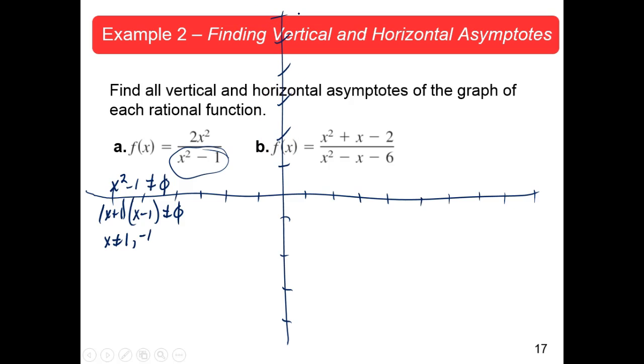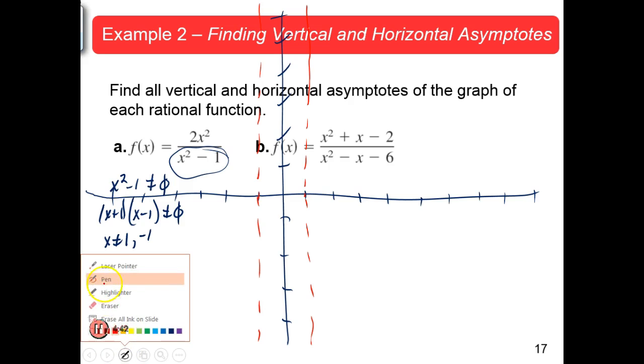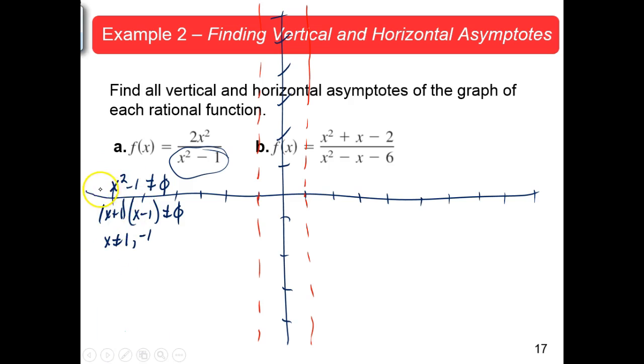So, x cannot equal 1. Now, I like to do, just because the book does, my vertical asymptotes in red. So here, x cannot equal 1, and x cannot equal negative 1. Done the vertical asymptotes. These are your vertical asymptotes.